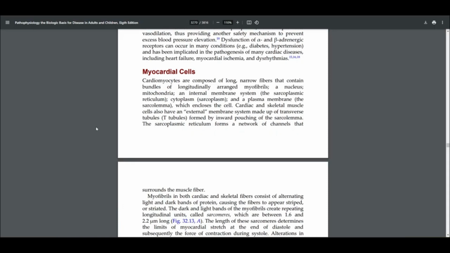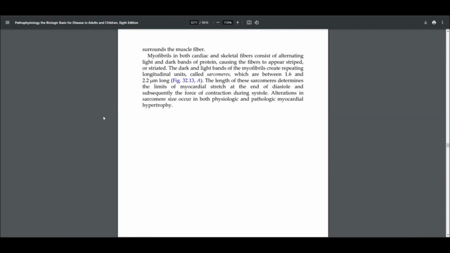Cardiac and skeletal muscle cells also have an external membrane system made up of transverse tubules, or T-tubules, formed by invagination of the sarcolemma. The sarcoplasmic reticulum forms a network of channels that surrounds the muscle fibers.